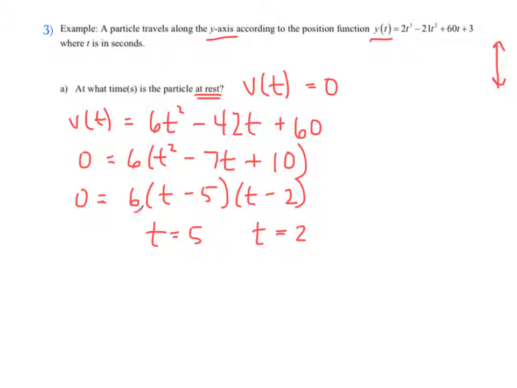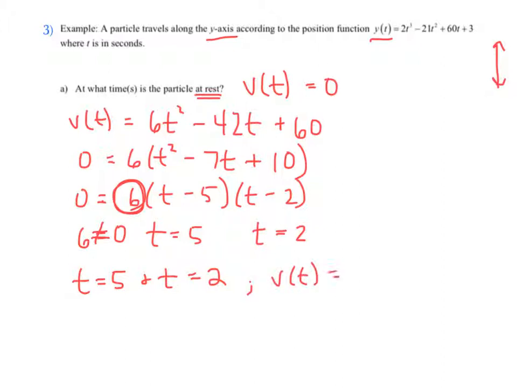Remember, of course, that these constants that you factor out, you could go ahead and set them equal to 0, but they will not equal 0, so they're just ignored or cut off. All right, so our two answers here then are time is 5 and time is 2, and that's when the particle is at rest, and the reason why is because the velocity is 0 at those times.